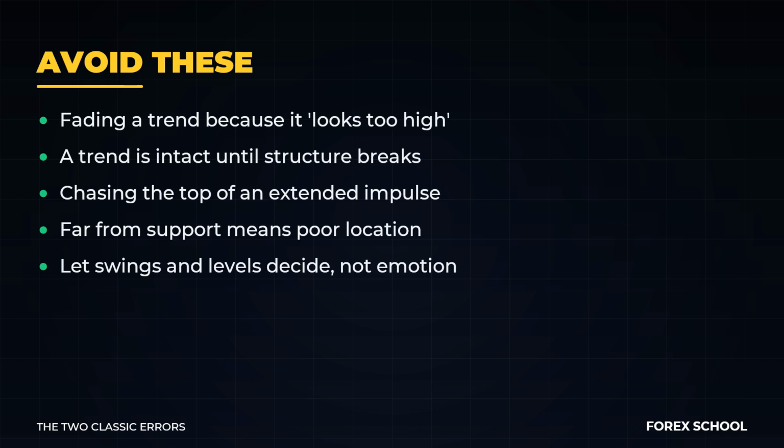Remember, a trend is innocent until proven guilty, and the proof is a structure break, not a feeling. Mistake 2 is the opposite sin, chasing extended moves. Buying at the very top of a stretched impulse, miles from any support, just as the pullback is due. Both errors come from ignoring structure. The fix is the same for both. Locate the swings, respect the levels, and let the pattern, not your emotions, tell you what's happening.